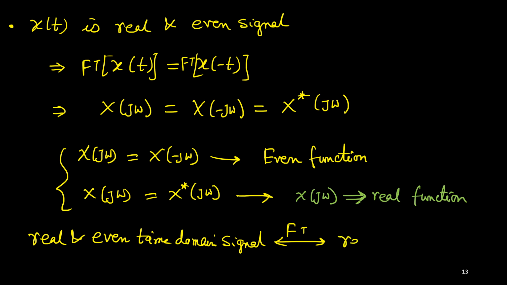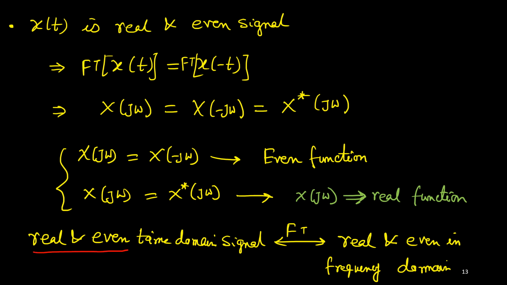It will remain real and again even in the frequency domain as well. So this is important. If the signal is real and even in time domain, its spectrum is again real and even in frequency domain.